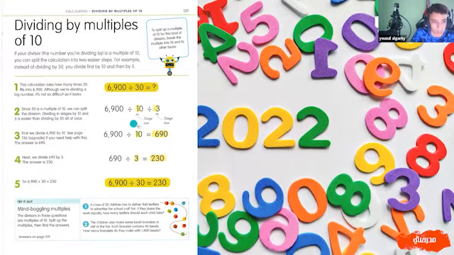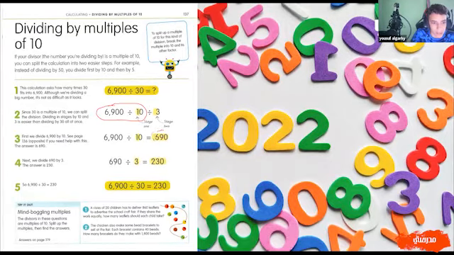We do that one first because the first number is stage 1, and the second number is stage 2. Then 690 divided by 3 is 230. So now we have 6,900 divided by 30 equals 230.